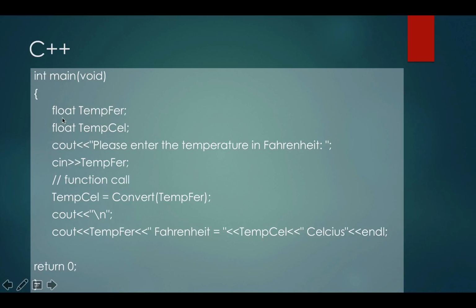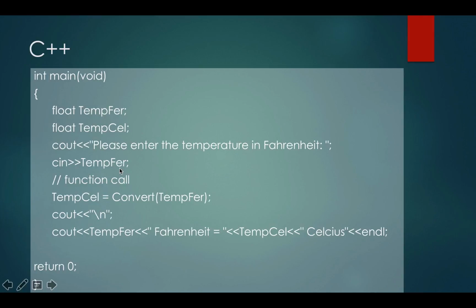Now we create a variable float temp Fahrenheit, and then another variable temp Celsius, and then we've got this thing called cout with the arrows going that way. Please enter your temperature in Fahrenheit, and then cin, arrows going the other way, temp fer.